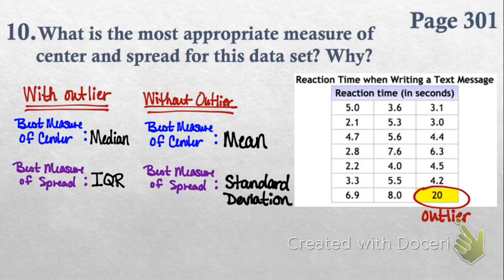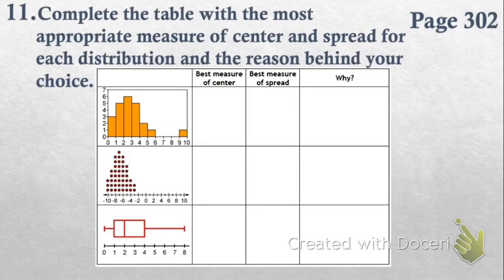I'm going to give you about 3 minutes to work on this on your own. 3 graphs, so a minute per graph. Based on what you see in that visual representation, what do you feel the best measure of center is? What do you feel the best measure of spread is? And why?